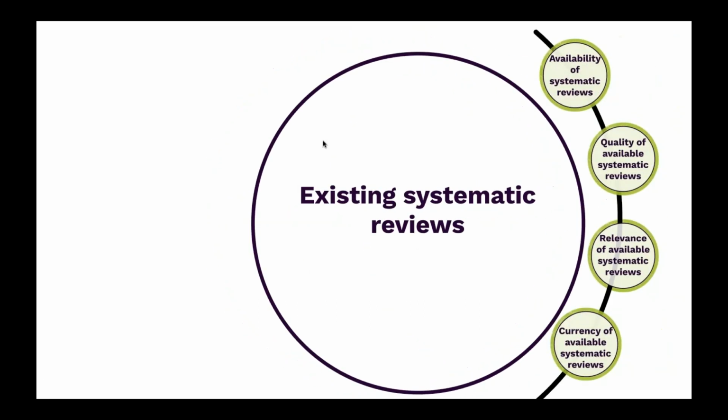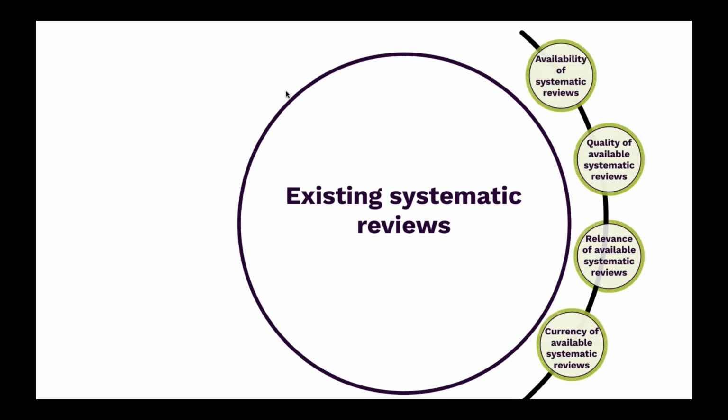We move now to existing systematic reviews. There might be a problem that is prevalent, there might be variation in practice, but when you go out there, there is already an available systematic review, similar to the case I mentioned earlier. So one of the criteria is whether a systematic review is available, but that's not enough.